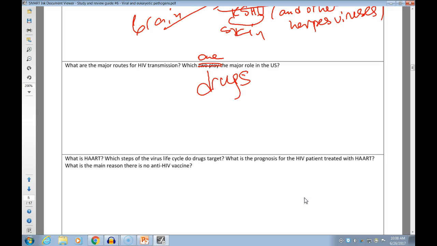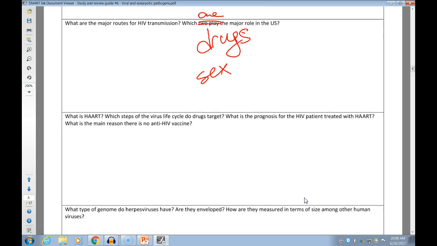Drugs and sex, okay, which inevitably should be followed by rock and roll. But those two, via blood, what we say is that transfusion doesn't play a role in the HIV transmission in the US. But needle sharing does. People still share needles. Does that make sense?